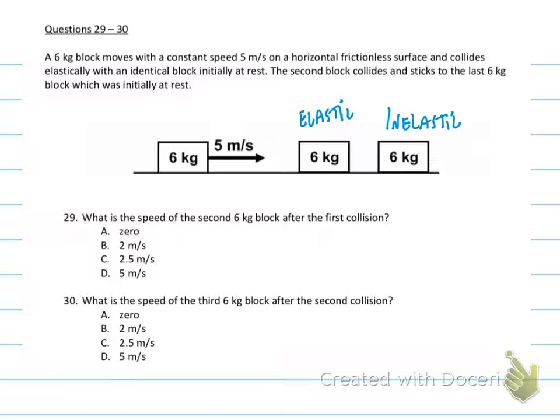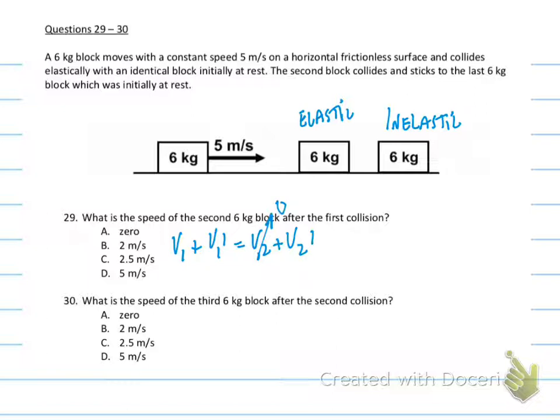Well, since it's an elastic collision, we can use our equation for elastic collision, which is V1 plus V1 prime equals V2 plus V2 prime. So let's see, V2 initially at rest was 0.